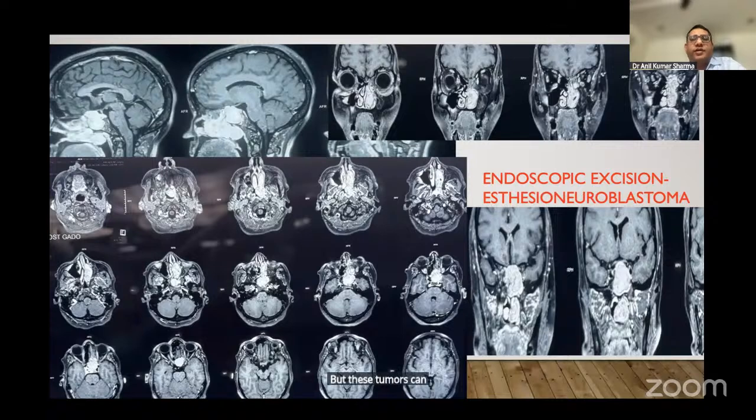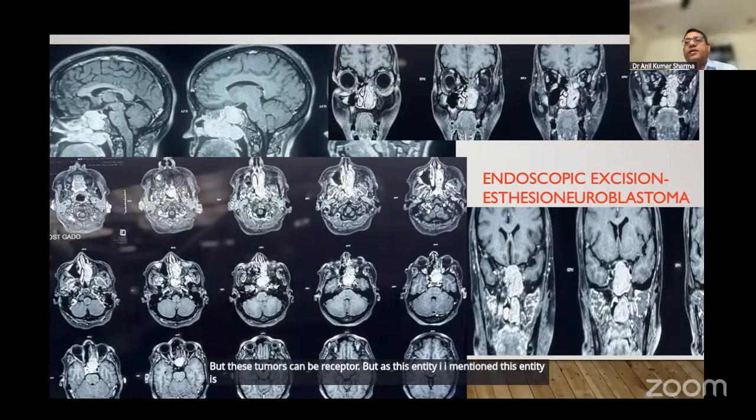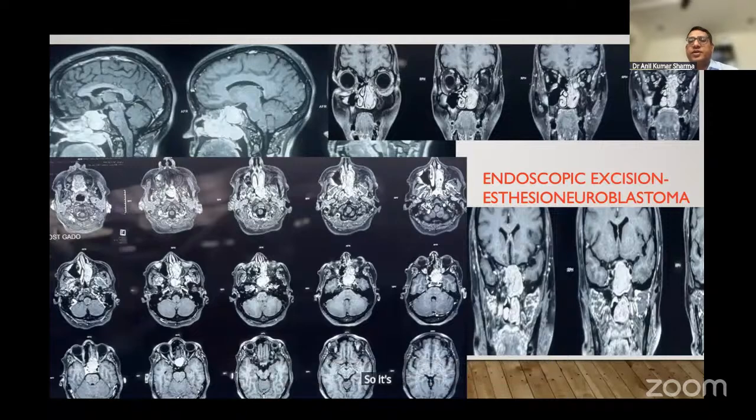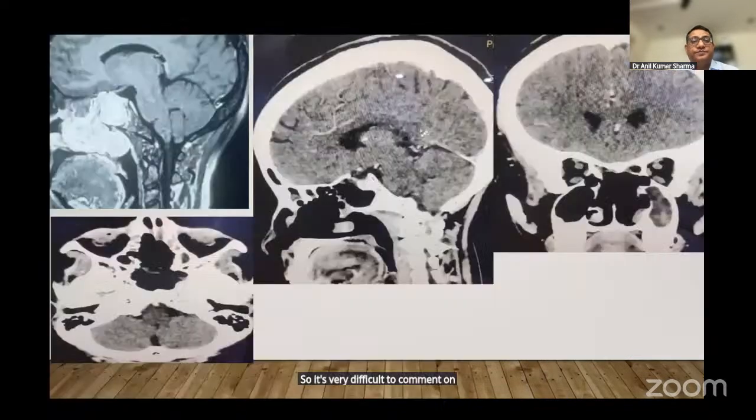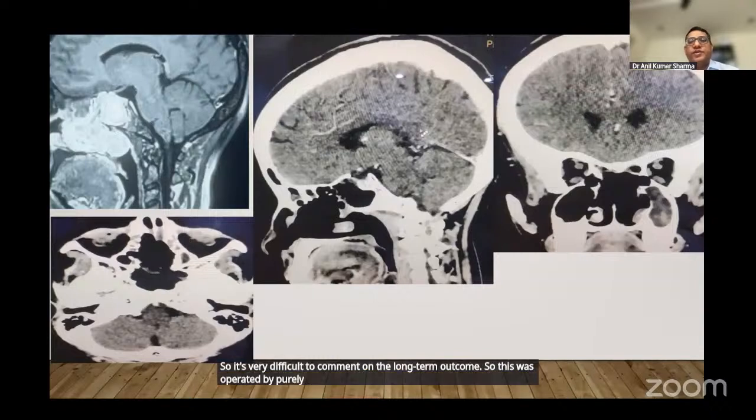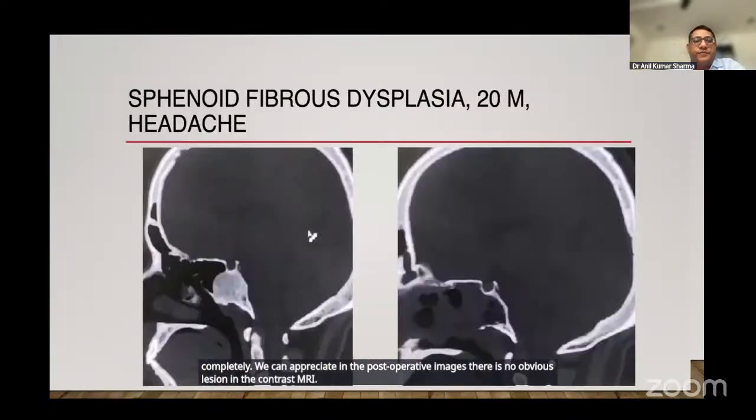As I mentioned, this entity is very rare, and very few patients have been treated this way, so it's very difficult to comment on the long-term outcome. This was operated by a purely endoscopic endonasal approach, and the tumor was almost completely resected. We can appreciate in the postoperative images there is no obvious lesion in the contrast MRI and contrast CT scan.